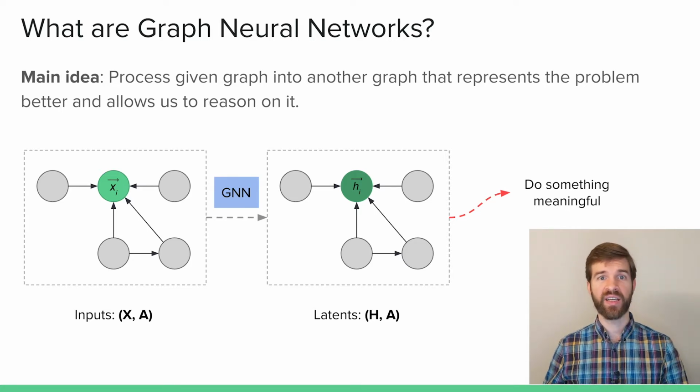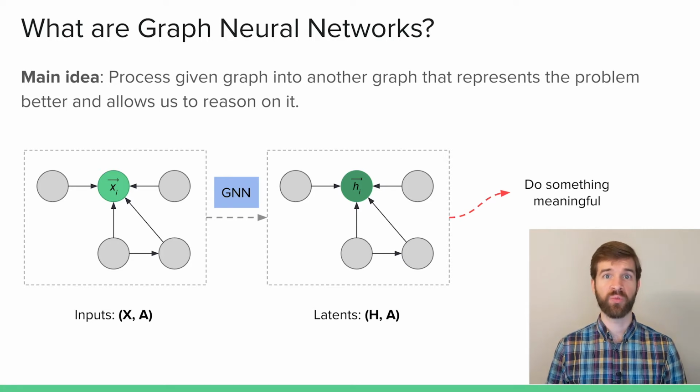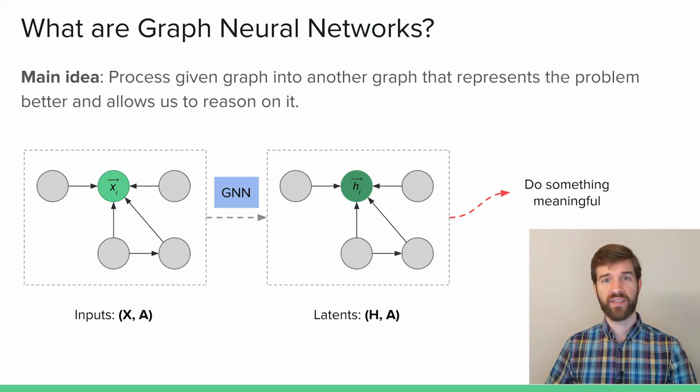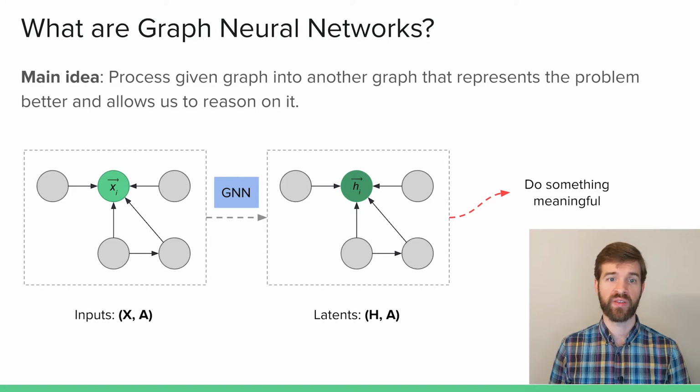How are we getting a suitable representation or a more expressive representation of our input graph? And I would like to start with the first question, what are the things you can do with such a graph? Assuming we have been able to come up with a latent representation of our graph that is able to represent our problem better, what can we do with it?